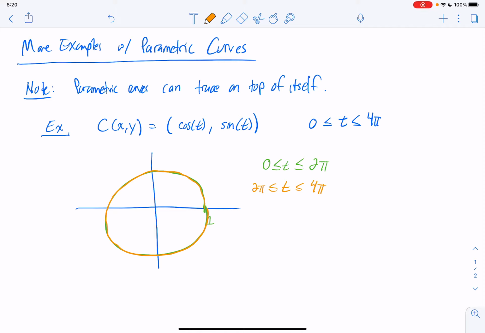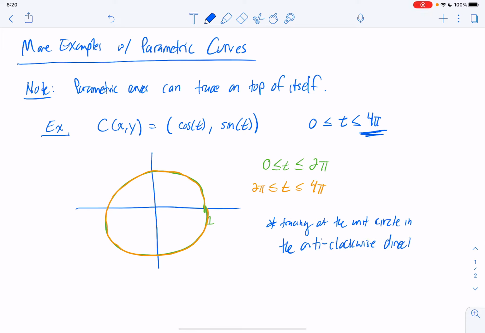And so what that means is that from 0 to 4 pi here, this is actually tracing out the unit circle in the anti-clockwise direction twice.